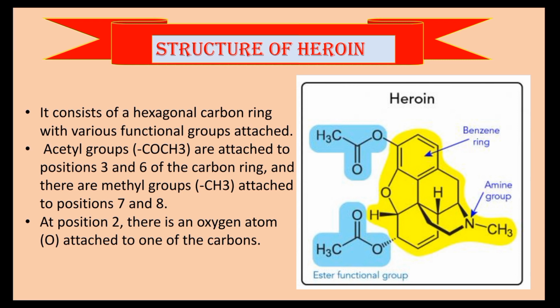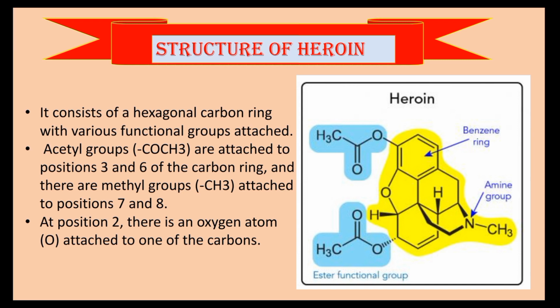Structure of heroin. It consists of a hexagonal ring with various functional groups attached, acetyl groups and methyl groups. There are two types of groups attached to the carbon ring. The first is the acetyl group, attached at positions 6 and 3 of the carbon ring, and the other is the methyl group, attached at positions 7 and 8.